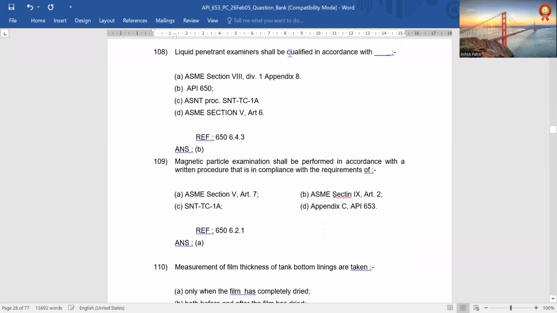Liquid penetrant examiners shall be qualified in accordance with SNT-TC-1A, API 650.